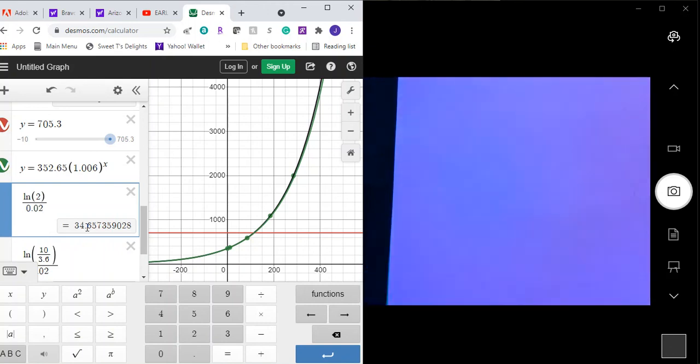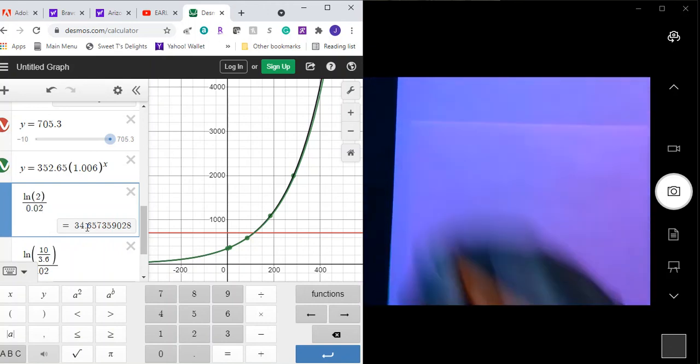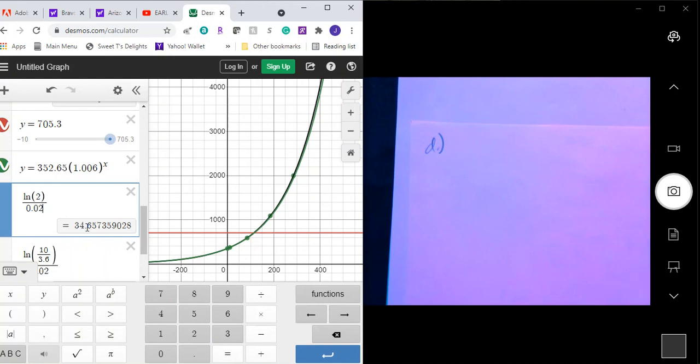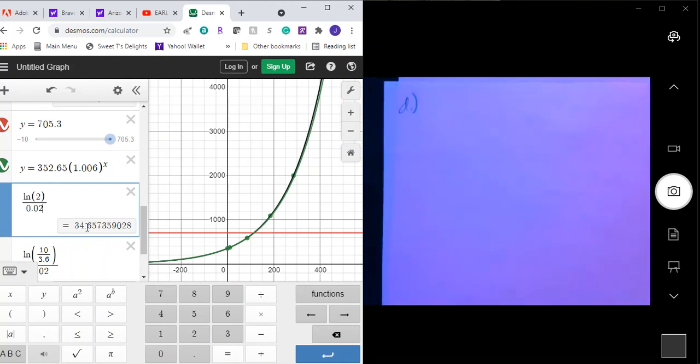Now we come to the last part of problem 11, which is D. It says here the growth rate in 1995 was 1.5%. Assuming this growth rate remains constant, determine when Earth's carrying capacity will be reached. Use the model P equals P naught e to the kt. Now remember, k is basically telling you your growth rate, and that's written in decimal form.